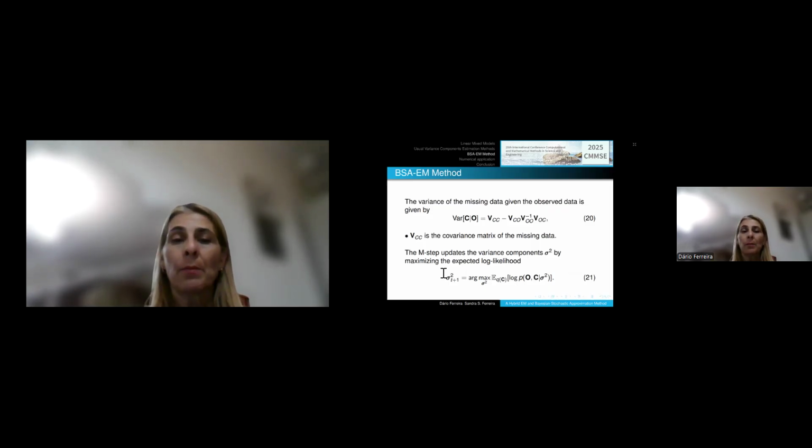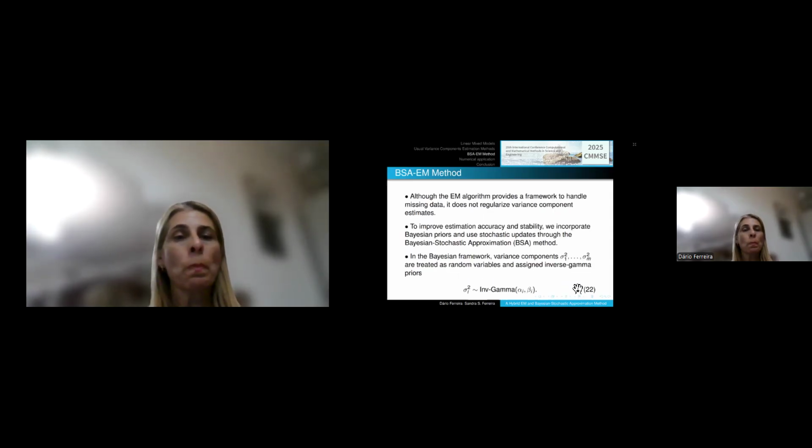The M step updates the variance component sigma square by maximizing the expected log likelihood given by equation 21. Although the EM algorithm provides a framework to handle missing data, it does not regularize variance component estimates.